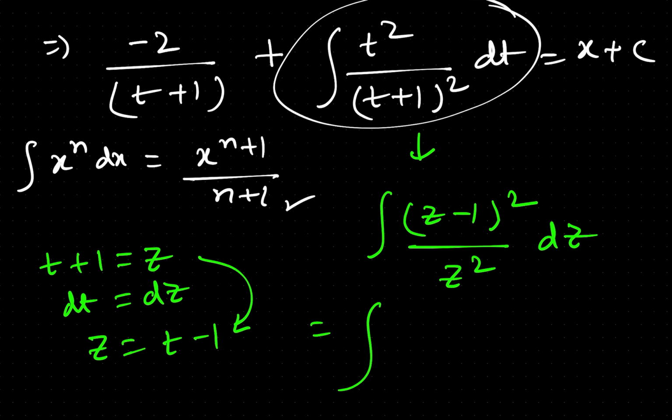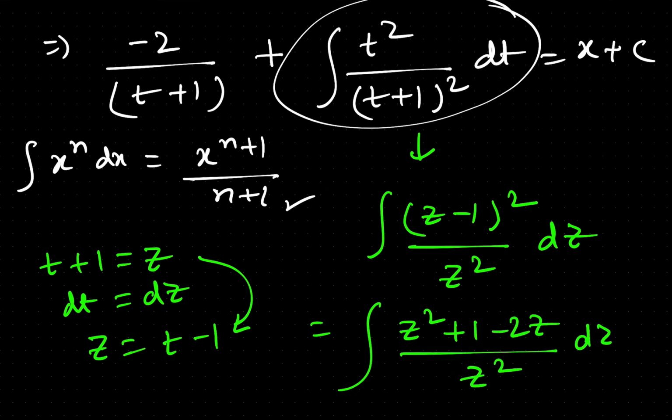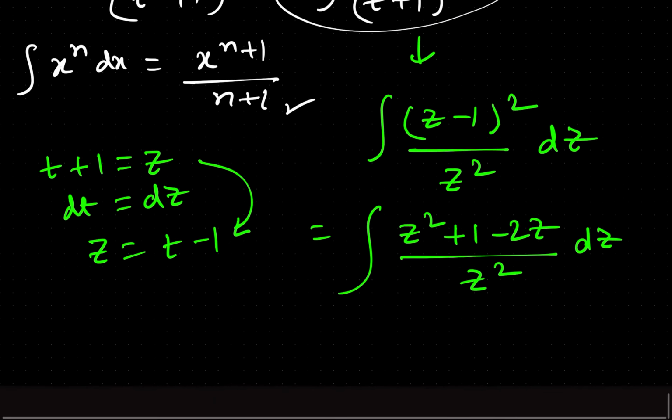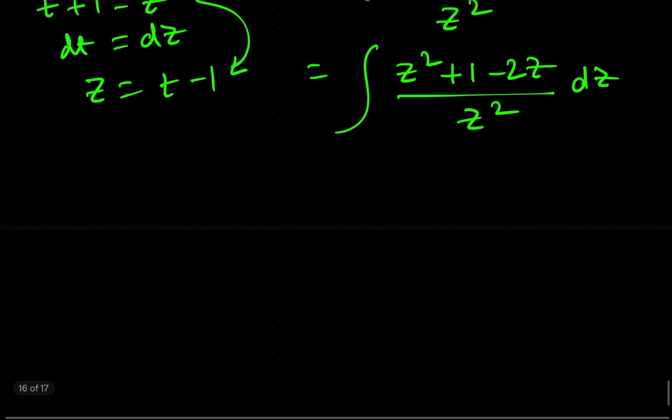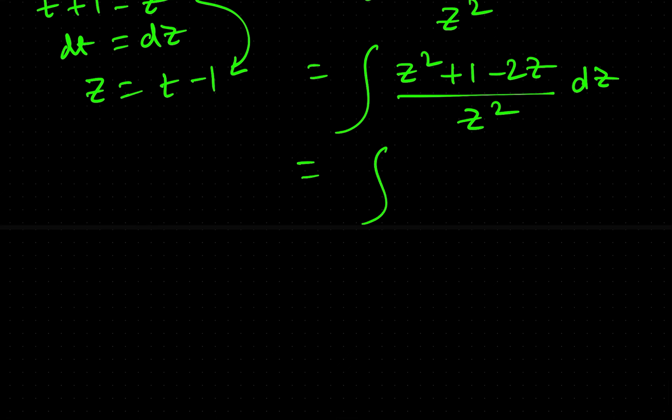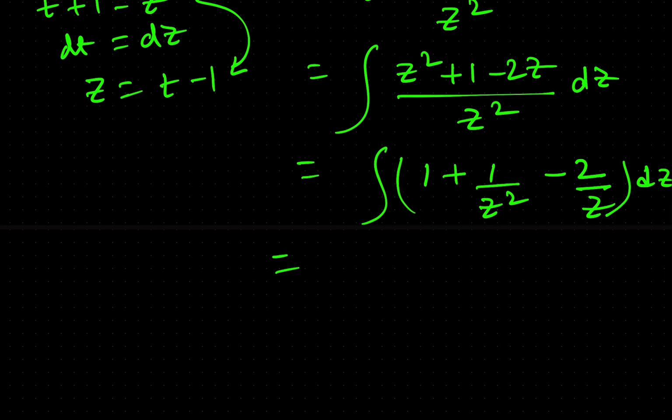Further, let's open the square in the numerator. So z square plus 1 minus 2z by z square dz. So now just further if we solve, this will give you 1 plus 1 by z square minus 2 by z dz, and we know that the integration of this is very simple.